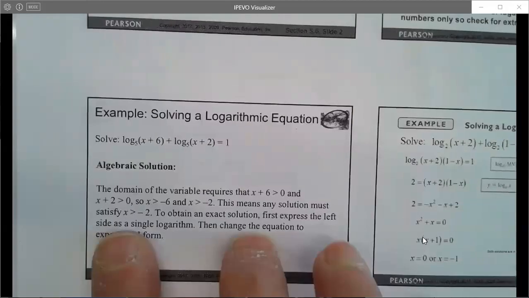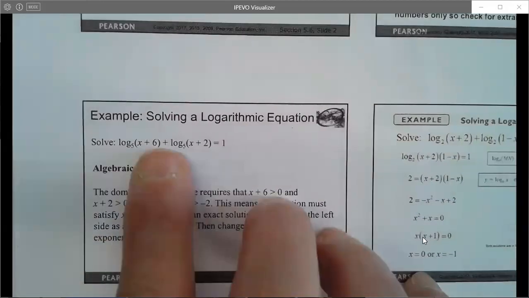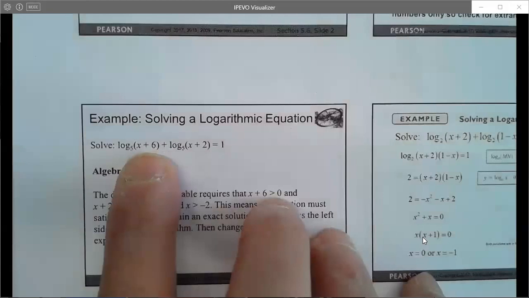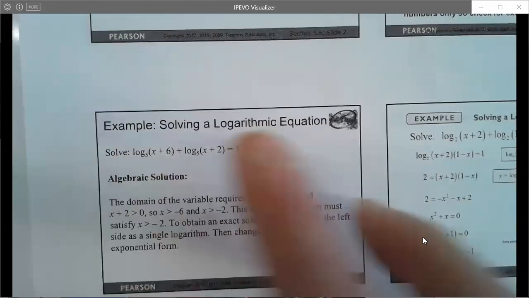The domain is basically we take what's inside and we solve for it. So x plus 6, we take that, x plus 6 equals 0.